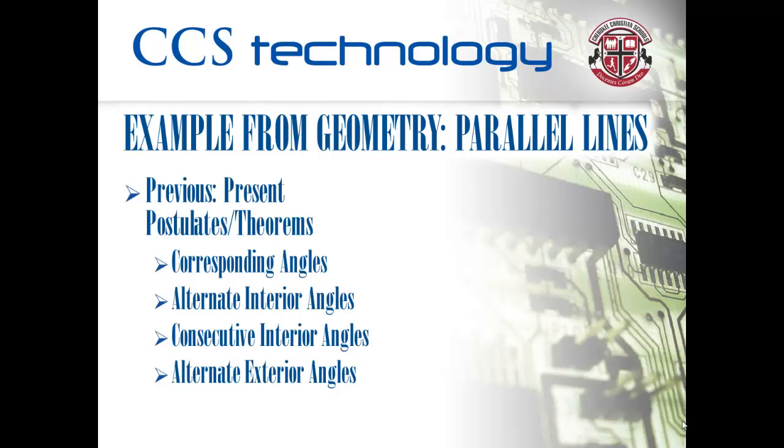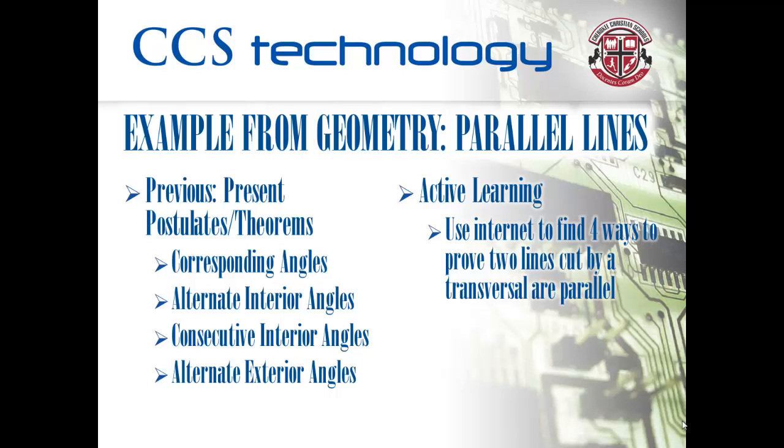But another way to teach them the same thing with an active learning approach might be something like this. I might tell them, okay, there are 4 ways to prove that two lines cut by a transversal are parallel. I want you to go on the web and find those 4 ways.